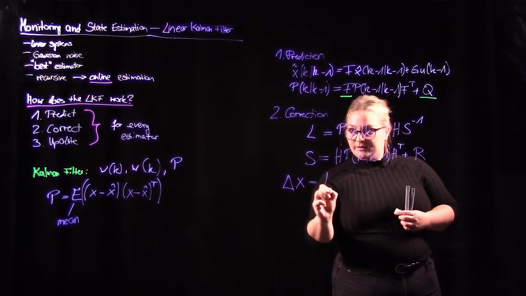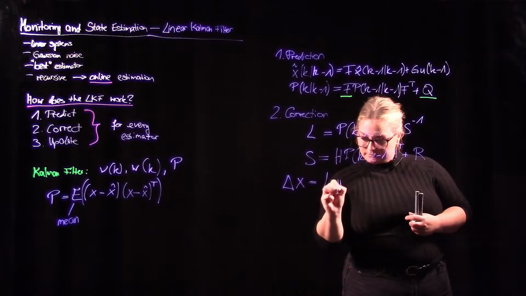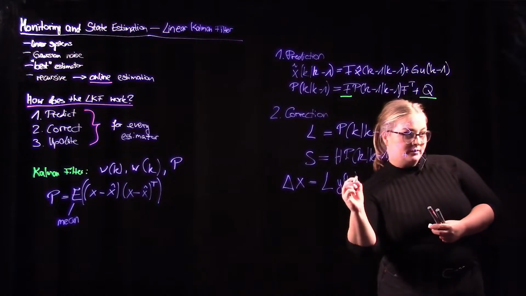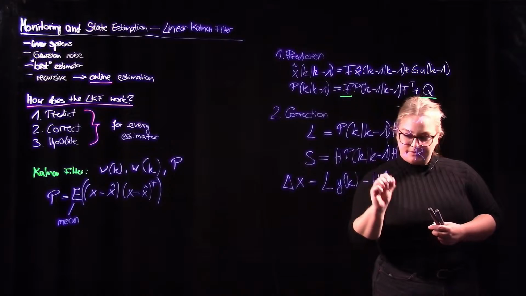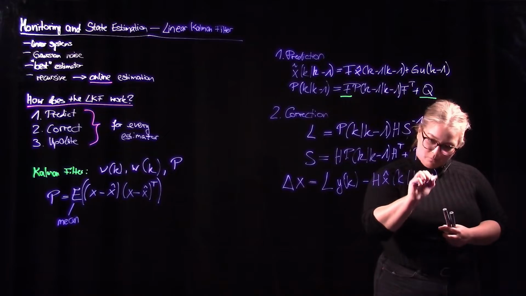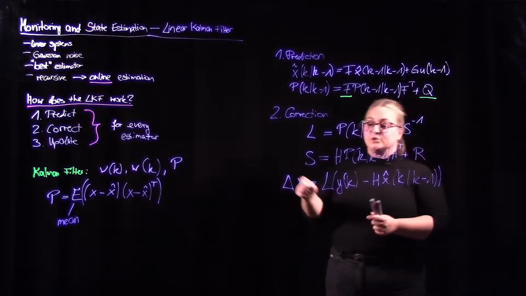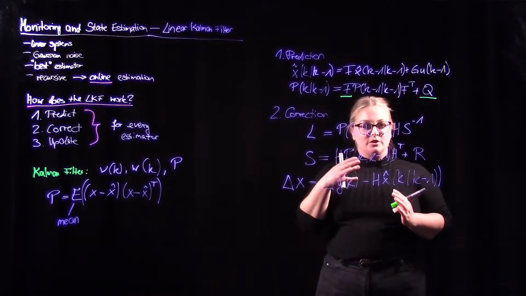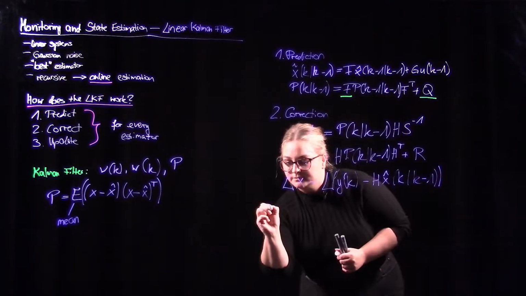For that, we use L, our Kalman gain, our measurement at state K, again H, and our state at K, K minus 1. Like this. So with this, like last time, we have our correction, which we can then use to update our prediction in the next step.